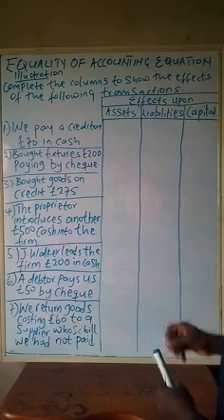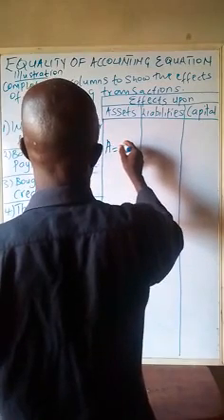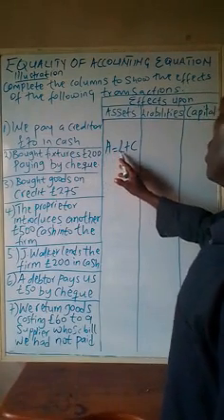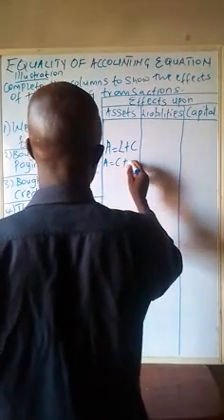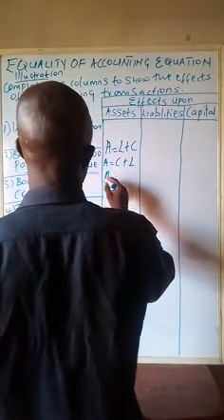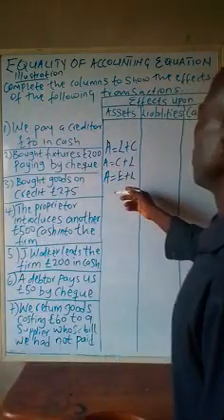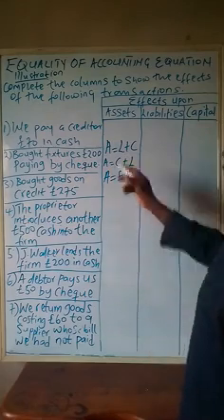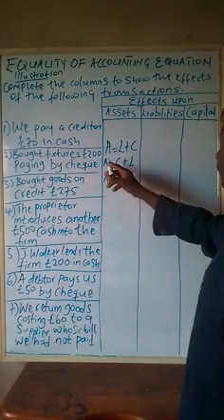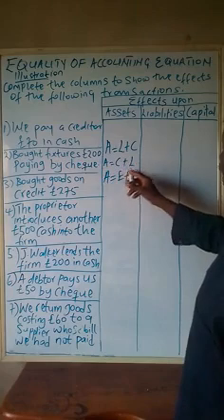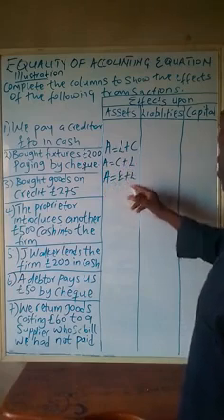Asset is equal to capital plus liability, that is A is equal to L plus C. That is asset is equal to liability plus capital, or A is equal to C plus L, or A is equal to E plus L. E is the same thing as equity or capital.